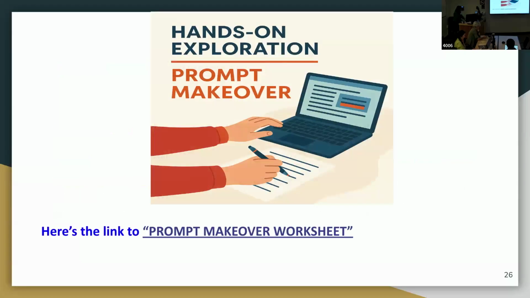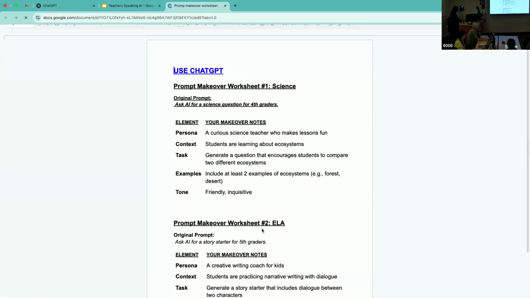Okay, hands-on exploration prompt makeover. So here is a sheet. It's a link. If you click on this link, all of you have access to the slide. If you could go to that slide and click on that link. It needs to be shared. Is it not shared? I got it, but it's only as a PDF.